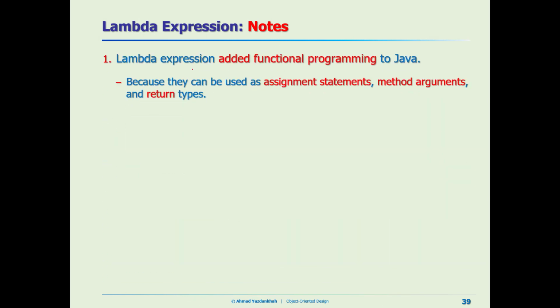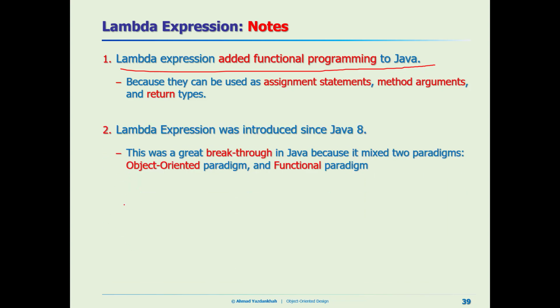So lambda expression, as we said, brings functional programming to Java, which is a huge breakthrough. Lambda expression was introduced since Java 7, and really it was a breakthrough because adding a new paradigm to a programming language is a big deal, right?